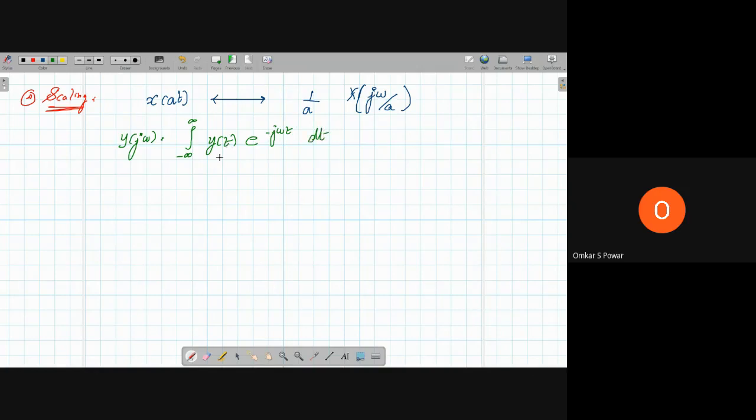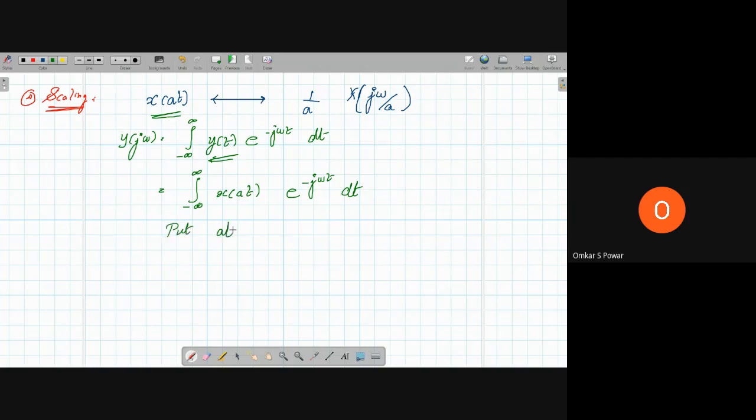Now what is this y of t? y of t is nothing but x of at. So Y of j omega is integral from minus infinity to infinity x of at e power minus j omega t dt. Now let us put a into t is equal to tau.